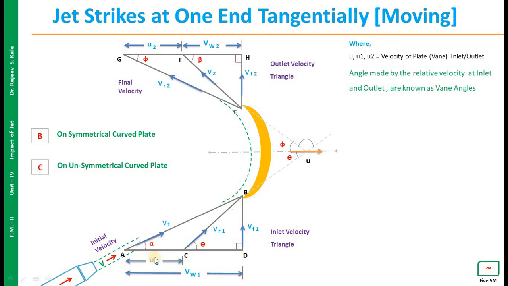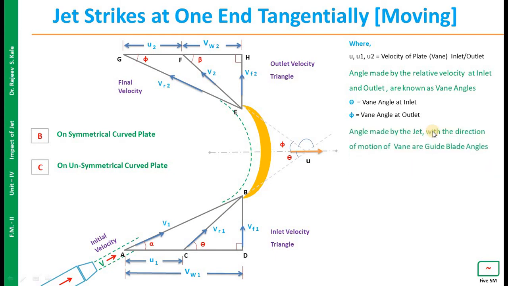Now this component of velocity with their inclination is known as the inlet velocity triangle. So theta and phi are known as vane angles at inlet and outlet. So this theta and phi are relative velocity components making inclination with the horizontal.